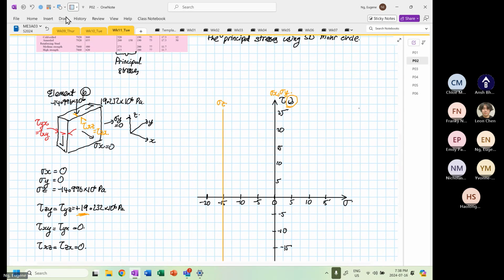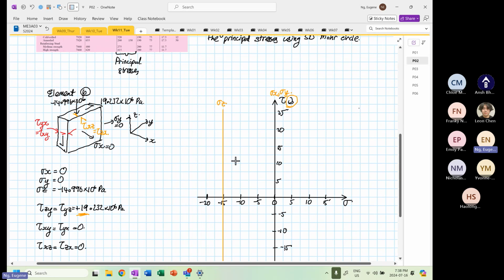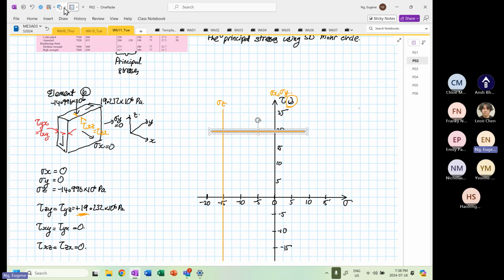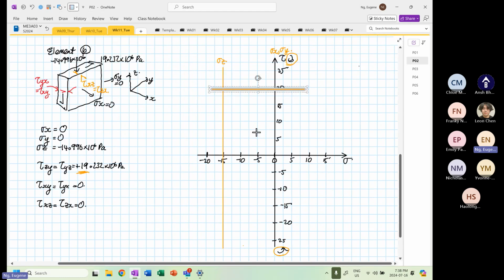Okay. So I'm going to draw a line. Okay. So 19, as I say, I'm not liking the scale, but I'm going to put it there as my 19.232. So likewise, this is my 19.232. Okay.